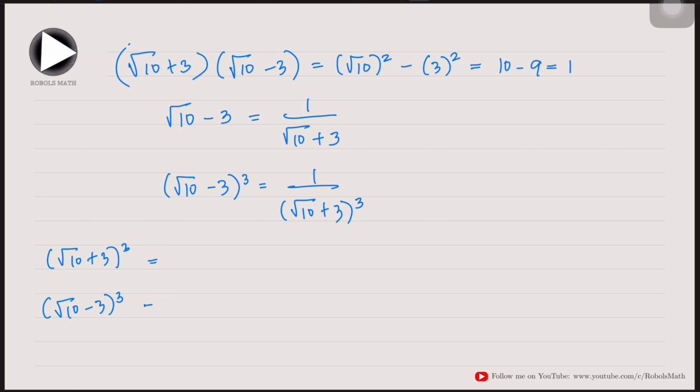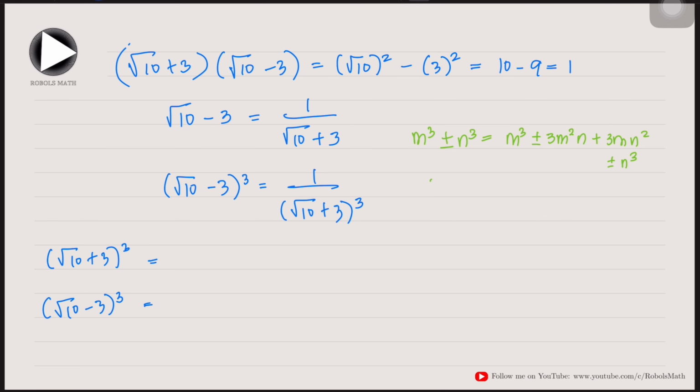We can expand both of these using the formula for the sum and difference of cubes, which states that m plus or minus n cubed is equal to m cubed plus or minus 3m squared n plus 3m n squared plus or minus n cubed.